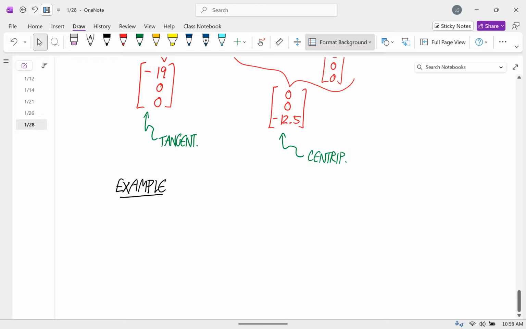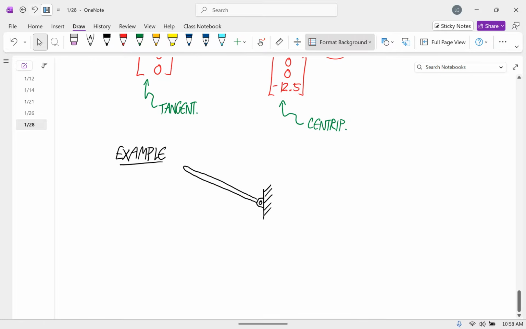So let's say we have a hinge attached to a wall, and then we have a rigid body. And we're given that at the instant we're looking at, remember these are always just snapshots, this angle is 20 degrees.